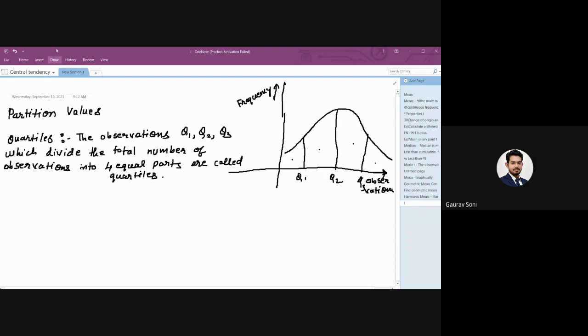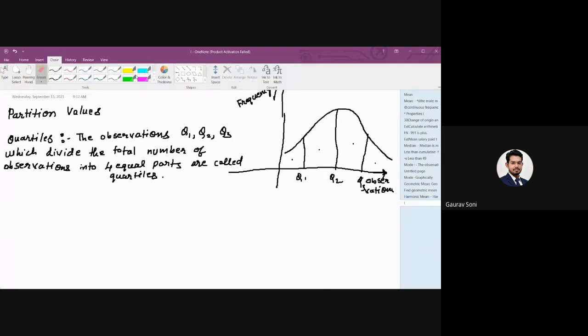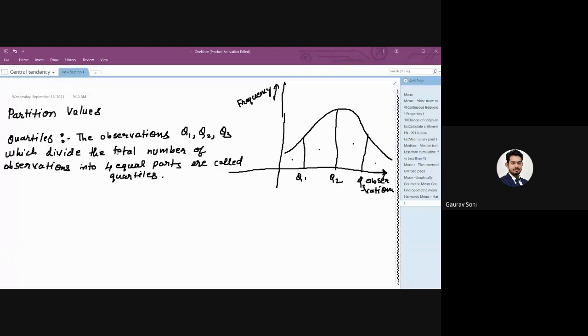Deciles and percentiles we won't be using much, but we need to understand what the quartiles are. So by first quartile, the total area is divided into how many parts? 4 parts. So the formula will be: L plus (N by 4 minus CF) into H by F.